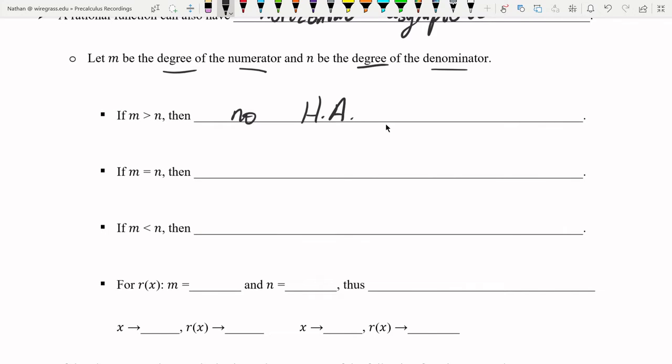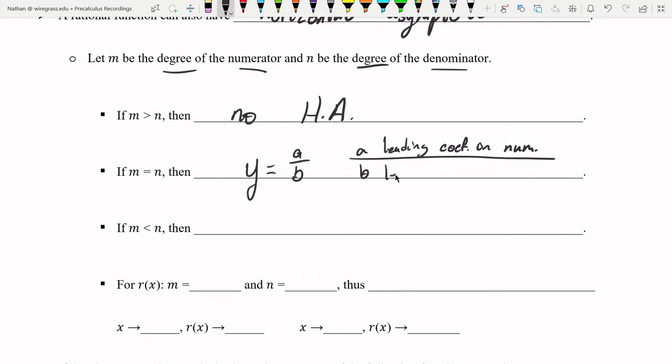If m equals n, then y equals a over b is the horizontal asymptote, where a is the leading coefficient in the numerator, and b is the leading coefficient in the denominator.